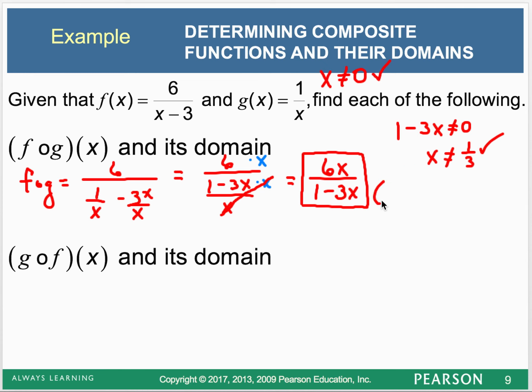So my domain would be negative infinity to 0, or 0 to 1/3, or 1/3 to infinity. So I'm going negative infinity to infinity, but I've got to take out 0, take out 1/3, and that's my domain.